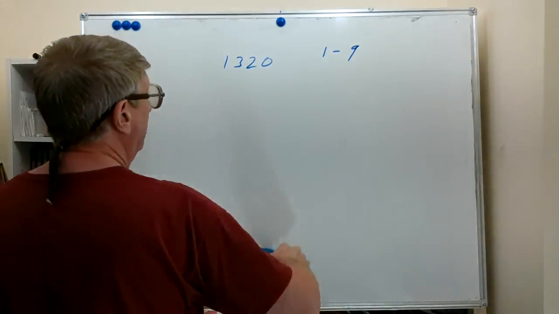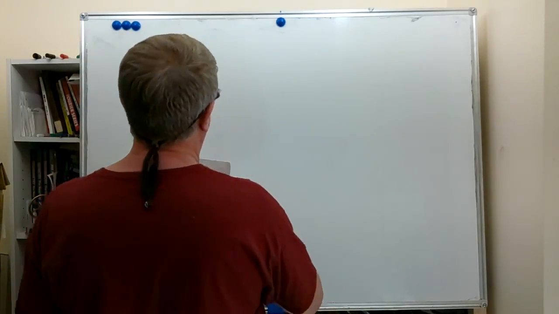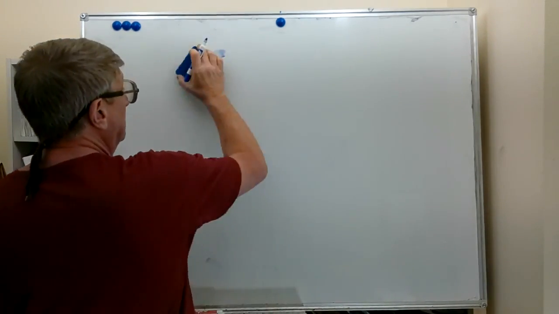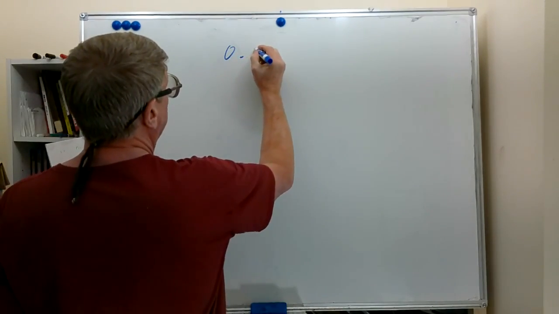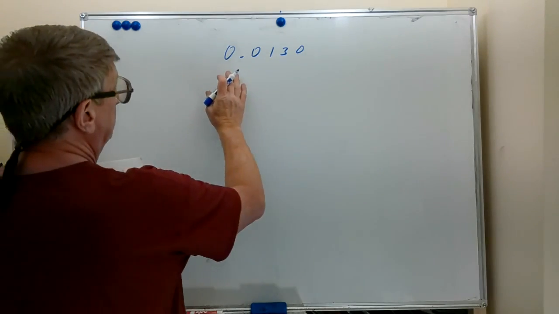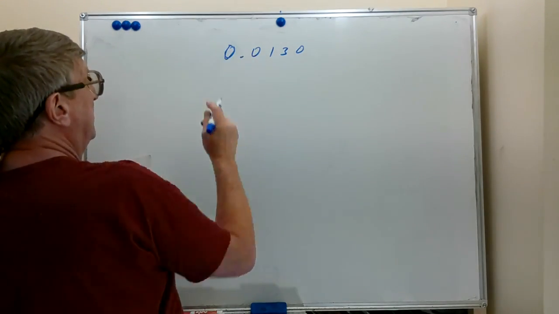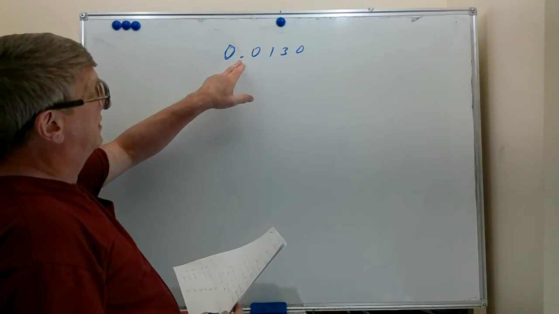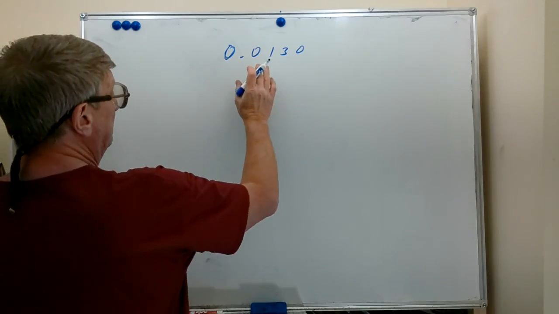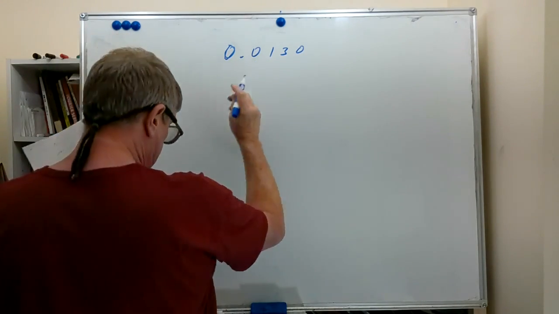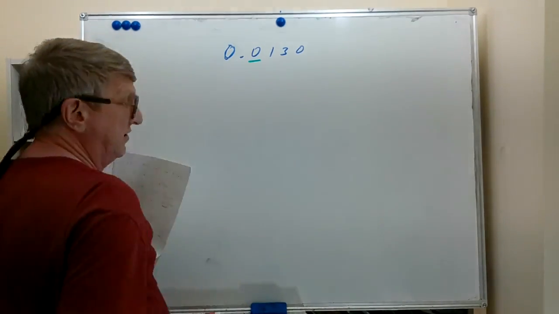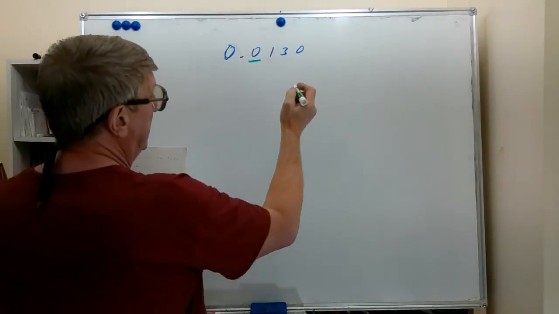In addition, on the fractional part, the decimal part, let's not put a whole number on this, 0.0130. This zero is not significant. It's just to help you offset your eye, locate the decimal point. And this leading zero in the fractional portion, or the decimal portion, is not significant.